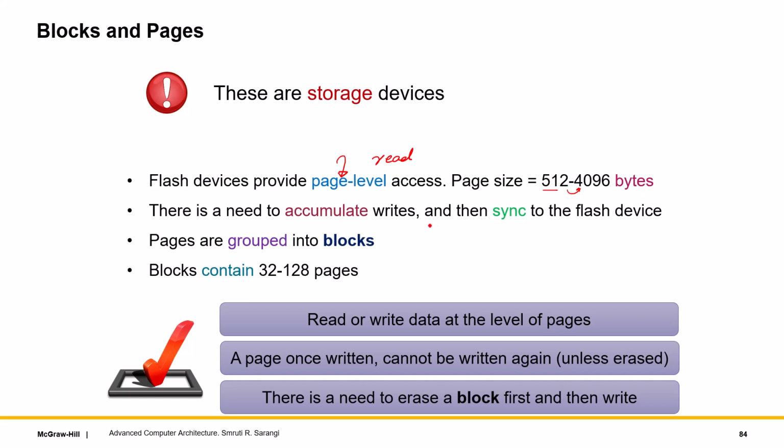But the first thing to do when writing is to erase what is called a block, which comprises 32 to 128 pages. I first erase all of it and then I write. So writing is tough, and the main reason is that we don't want to provide fine grained write drivers for each and every cell. That would add a lot of area and be very complex, right?